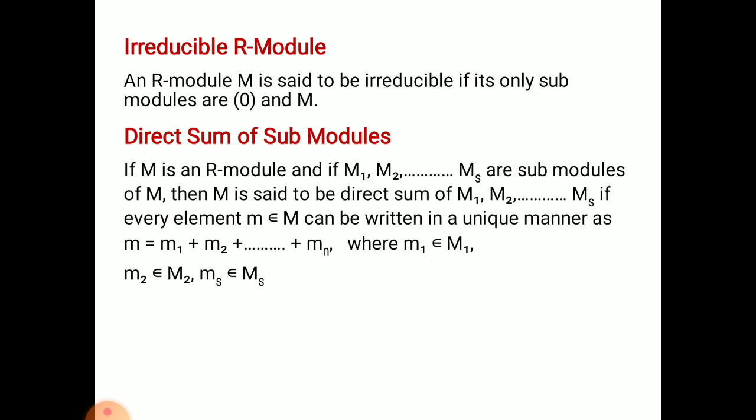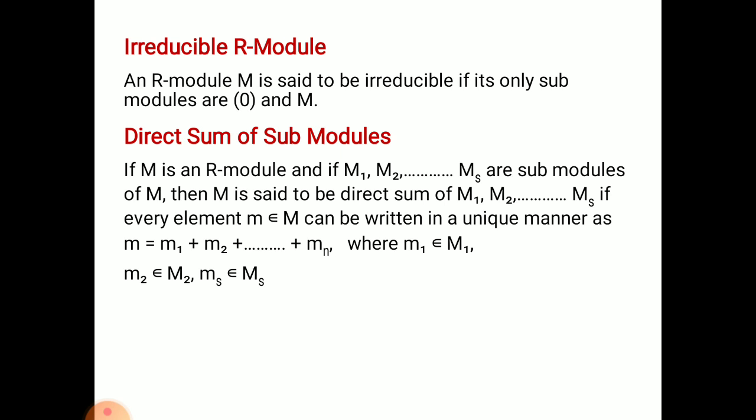Then we have seen irreducible R modules. If M is an R module, it is said to be irreducible if its only submodules are 0 and M. That means if any module has only two submodules, M itself and 0, such a module is said to be irreducible.